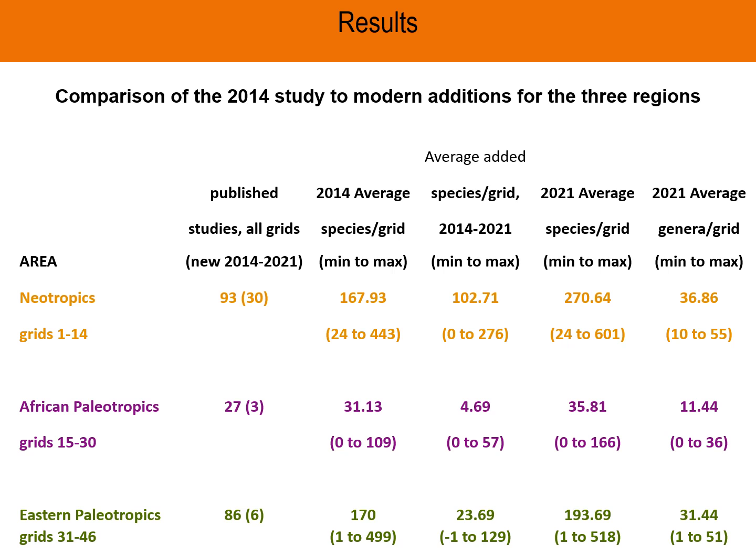Genus numbers are highest in the Neotropics, followed by Eastern and African Paleotropics. This table clearly highlights how much less effort is put into sampling in the African Paleotropics, and that has affected species and genus records.